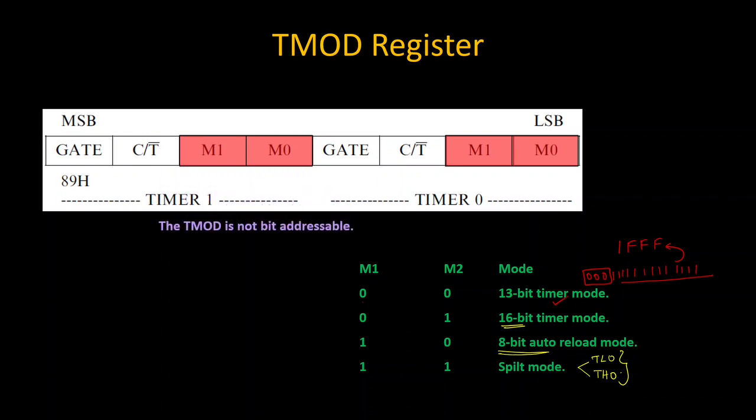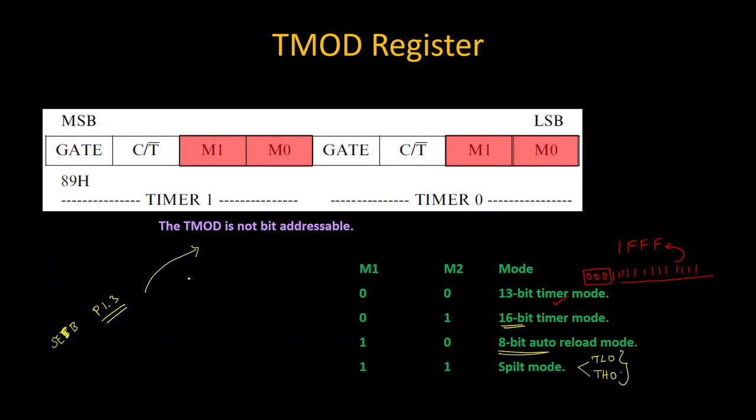After that, the main important thing: TMOD is not bit addressable. In 8051 programming, we have understood things like setb P1.3, which means port 1, third pin is getting set, right? Programming like this is not possible in your TMOD.